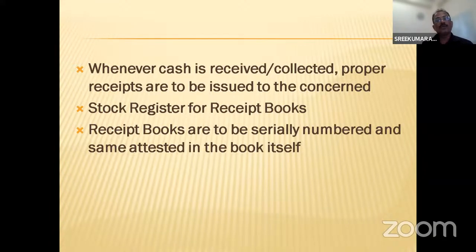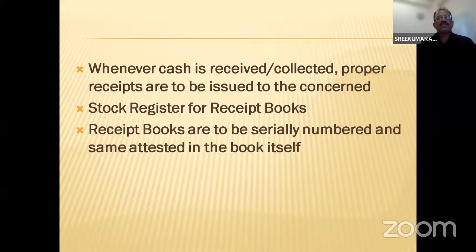Whether it is 1 rupee or 1 crore, it has got its sanctity. You invariably have to issue the receipt, and whenever this receipt is issued, that has to be noted in the cash book also, along with the receipt number, date, and also amount. The amount definitely has to come in the cash book on the left side.